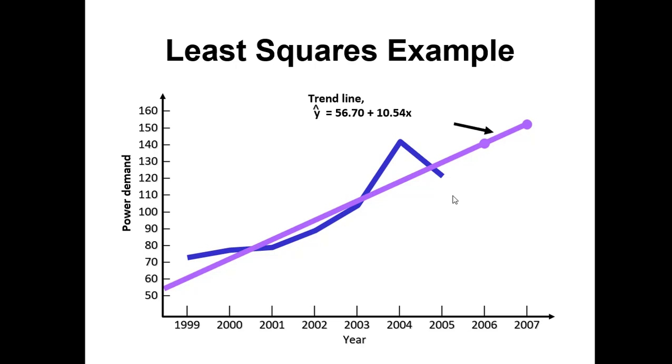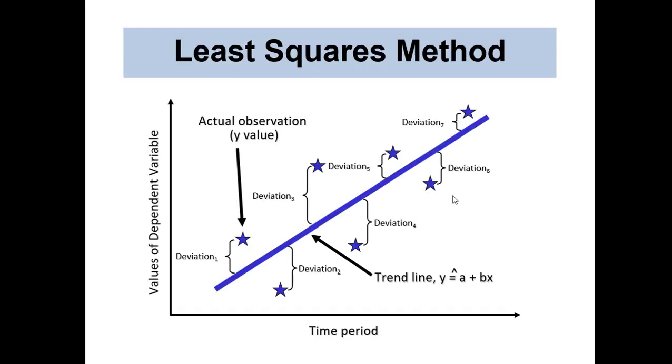The beauty of the least squares method is that it will count your deviation and remove the deviation from the data. When the deviation is removed, you will be on a straight line, and when you are going on a straight line, it will be very easy to reach the destination. So this is deviation 1, deviation 2, deviation 3.